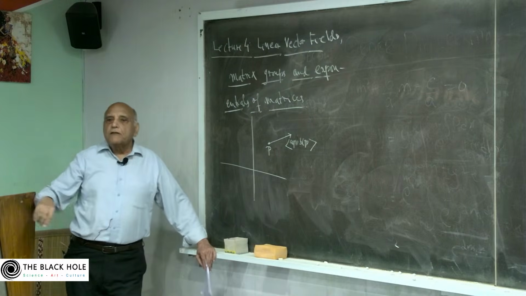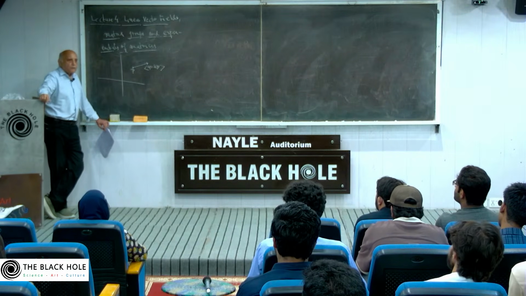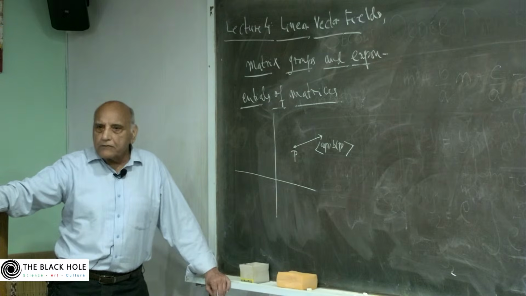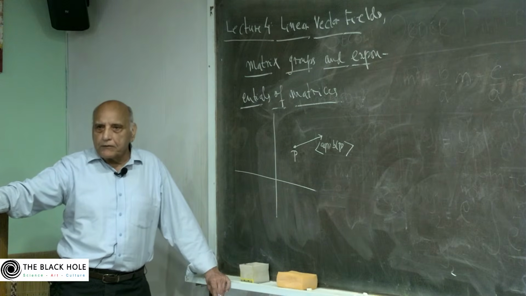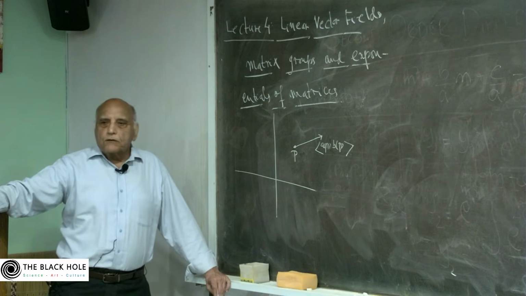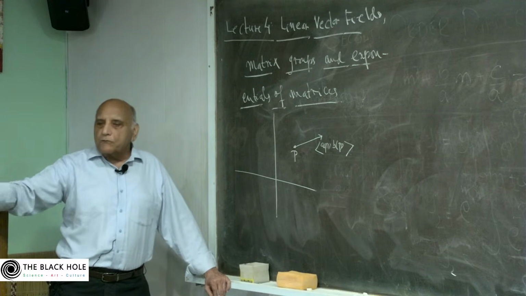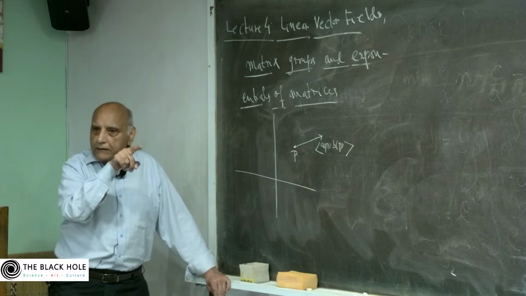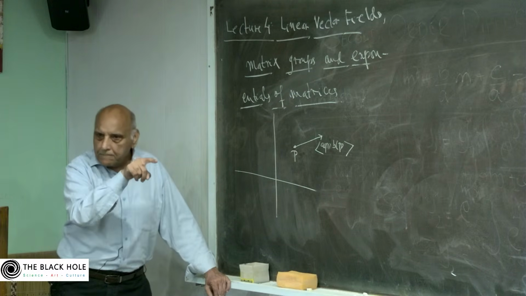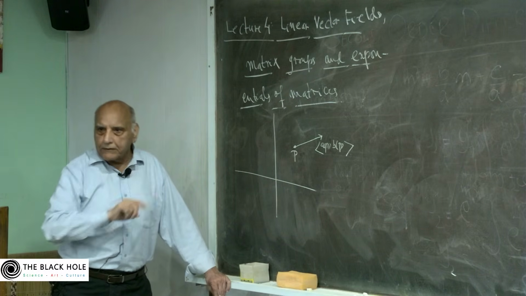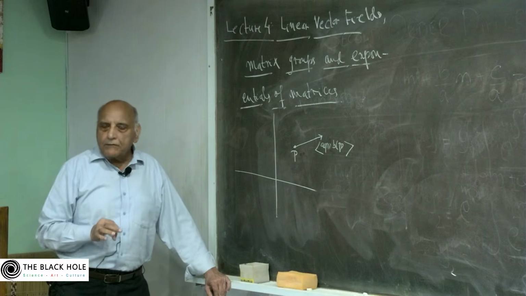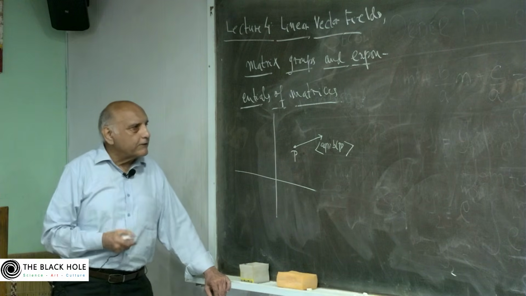vector field we associated a linear differential operator of order 1. And what was that? For every function we take the directional derivative in the direction of the vector, and once we have done that, we can identify this vector field with the operator.